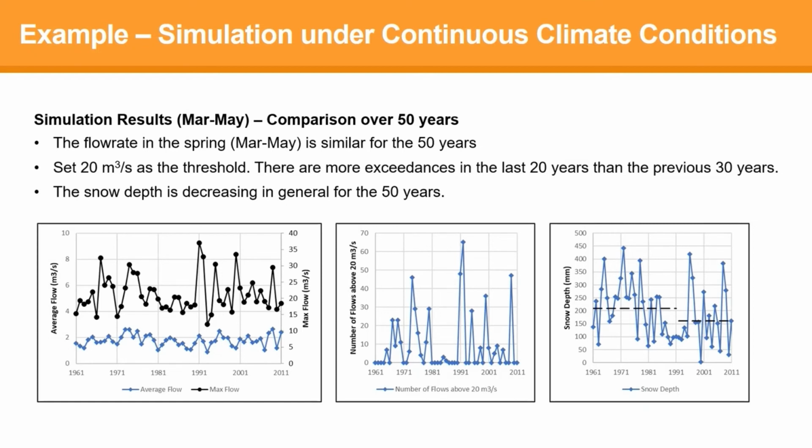This makes sense, because as we said in the previous slides, the temperature was increasing over those 50 years, especially in the cold period, from November to December. That means there will be less snow accumulated in general, year round. So that's why we see this trend, which matches the temperature observation data.